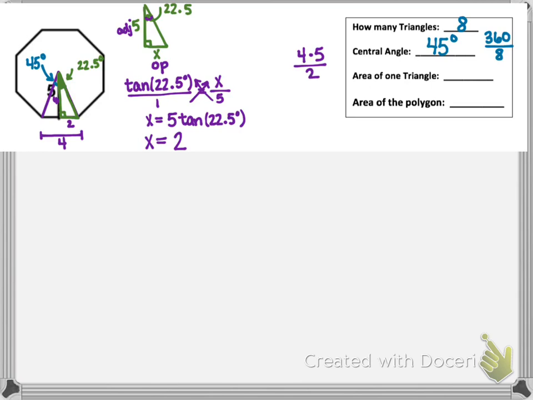And then I'll divide by 2. So 4 times 5 is 20. Divided by 2 is 10. And then I'll multiply that by how many triangles I had. I had 8 triangles. So 10 times 8 is going to be 80 for the area of the regular polygon.